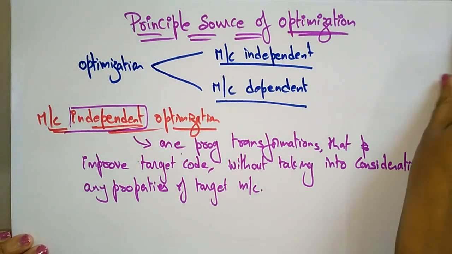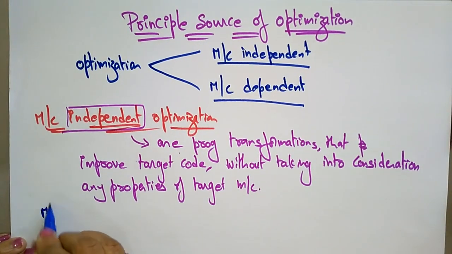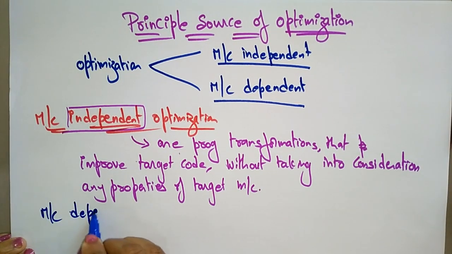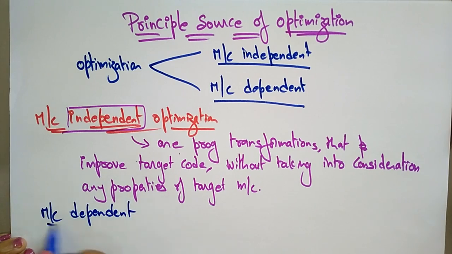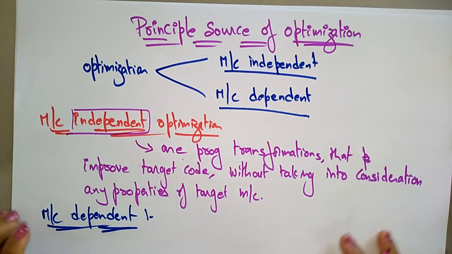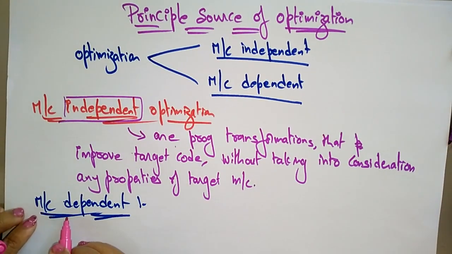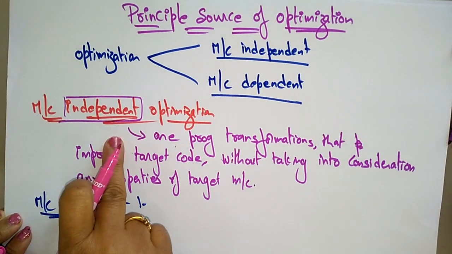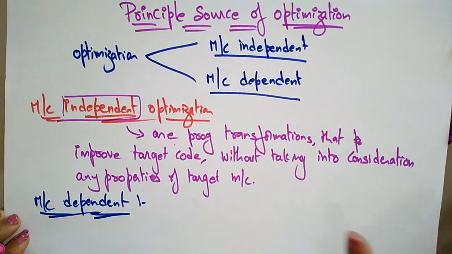Then what about the machine dependent optimization? The machine dependent optimizations are based on register allocation. Here it is dependent, whereas the other one doesn't bother about any target machine.